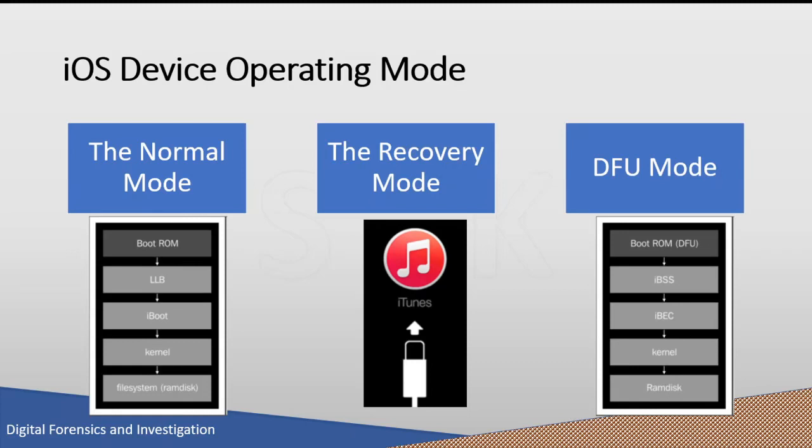When LLB finishes its tasks, it verifies and loads the second stage bootloader, which is known as iBoot. iBoot verifies and loads the iOS kernel. The iOS kernel verifies and runs all user applications. And the secure boot chain ensures that iOS runs only on a validated Apple device.